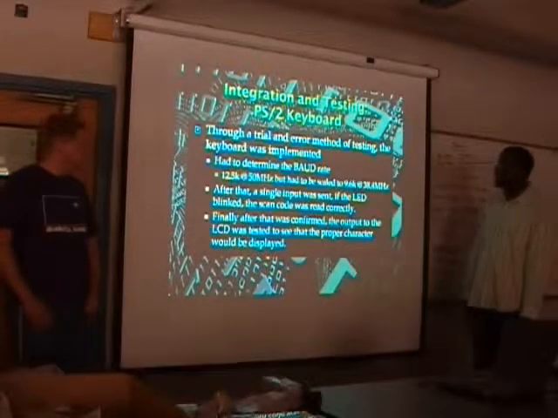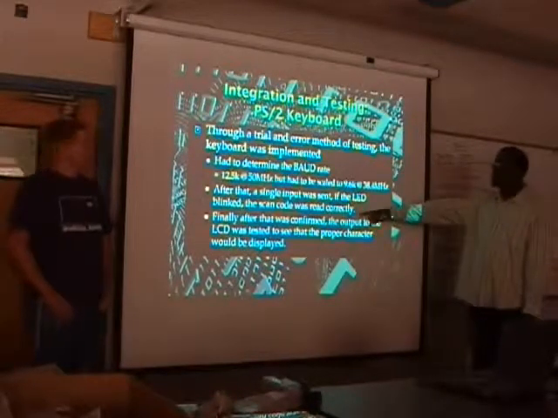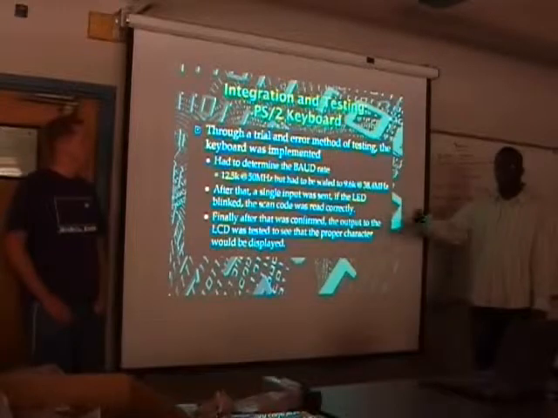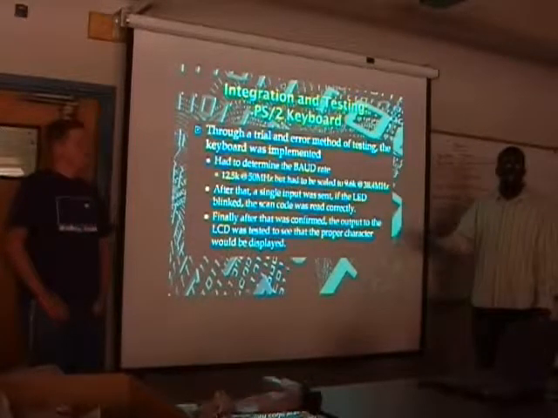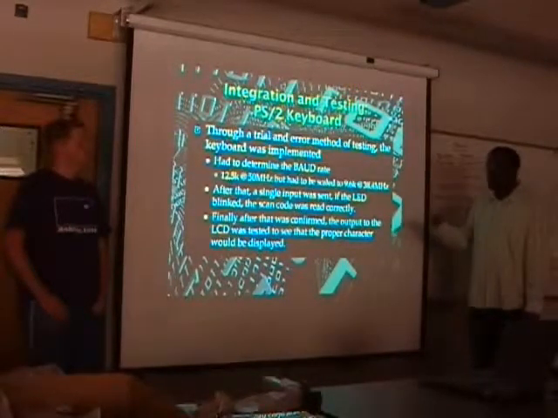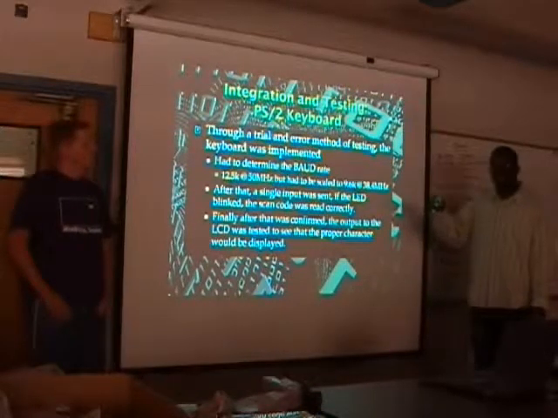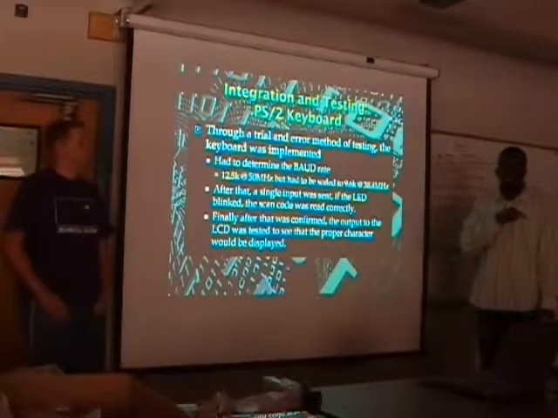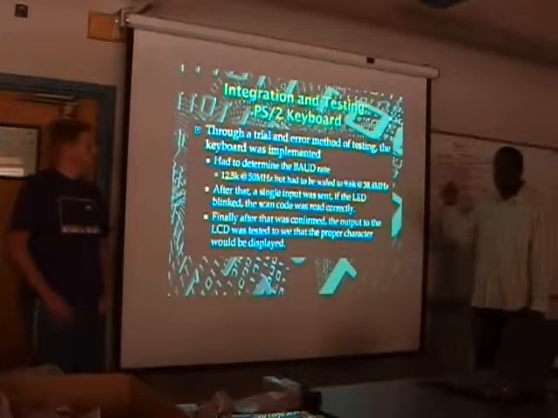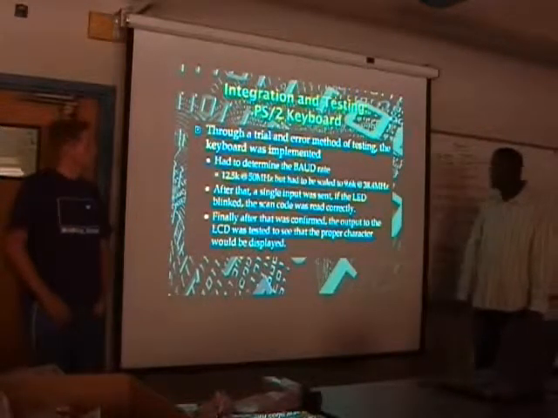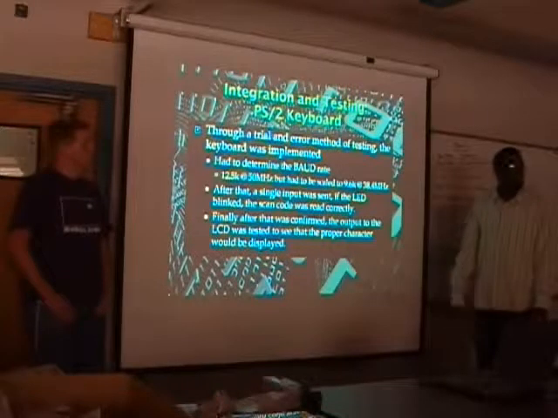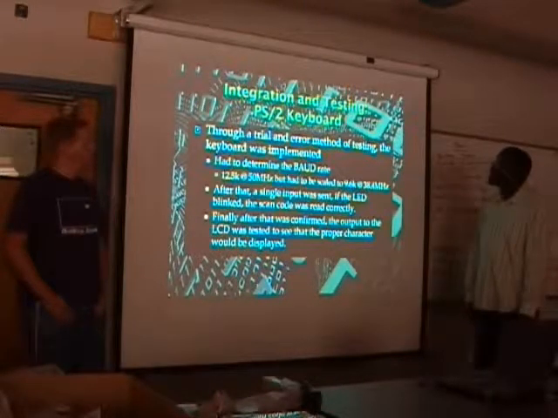We have it reading until it gets a key press, and then it keeps reading until it gets the key release scan code, and then it reads the scan code immediately following the F0 scan code. So whatever key gets released is the key that gets registered. It was a nice little thing there.